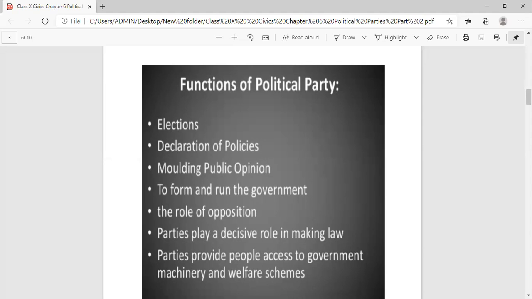The third point explains their role in making laws for the country. When political parties win the election and go into the legislature, that is the parliament, they make the laws for the country. The laws are discussed and debated, and finally they are passed in the parliament or in the legislature.